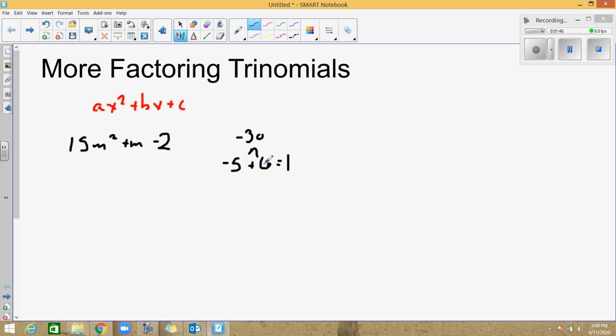Now, because this works, my a value was 15, not 1. So I can't just jump to those binomial products that we were looking at before. I have to do what's called factor by grouping.